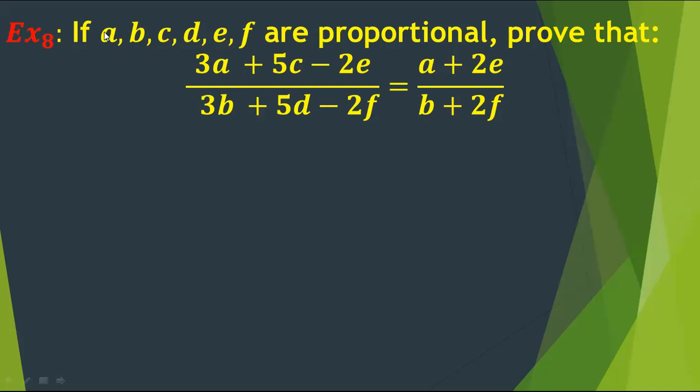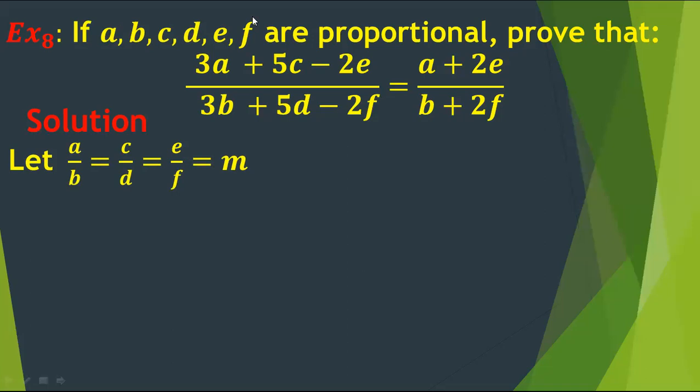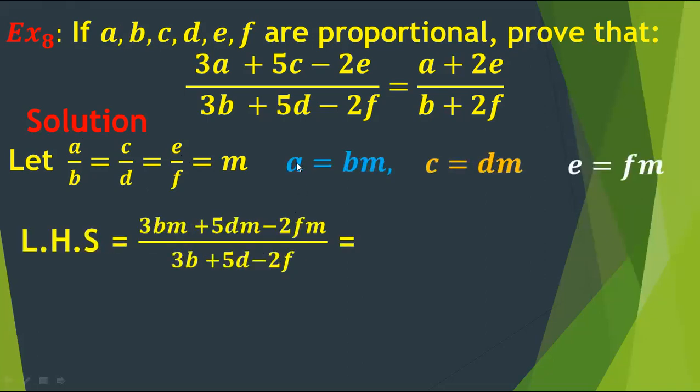From the proportion, A over B equals C over D equals E over F, as a sequence equals M. Then A equals BM, C equals DM, and E equals FM.